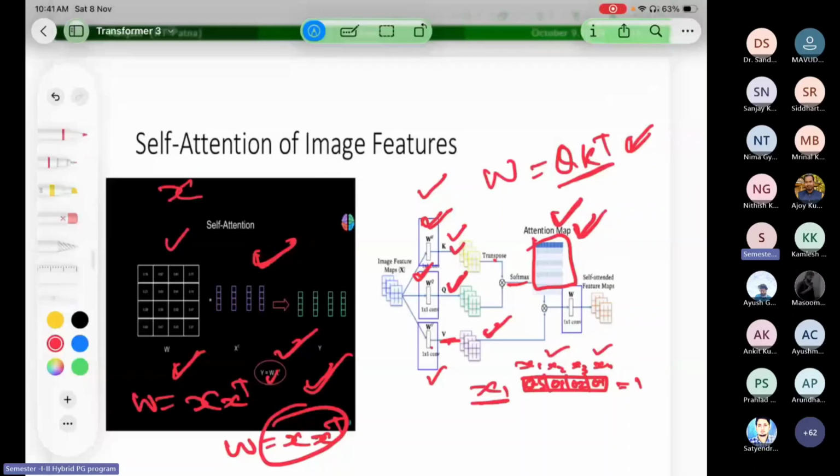V is also a transformed version of x, and you multiply this V with this W and get the output here. And on that output, you apply one more fully connected layer, and that will give you the final self-attended feature map, which you were getting here.